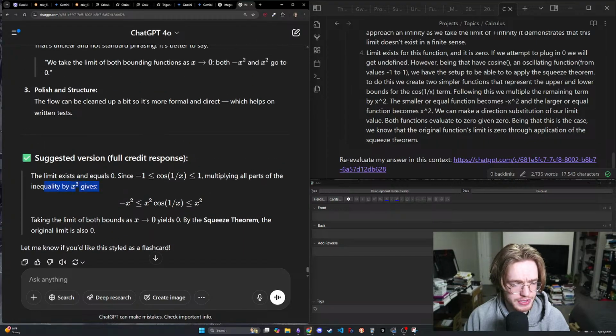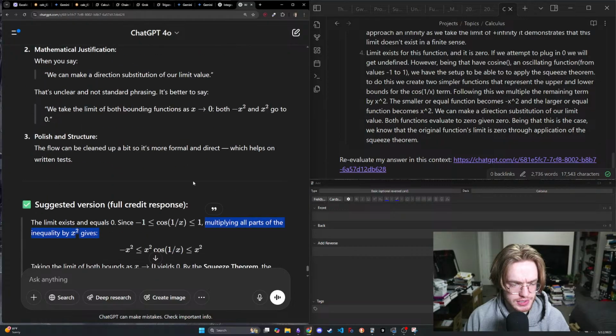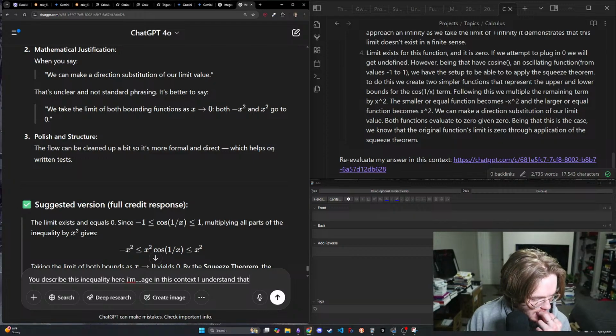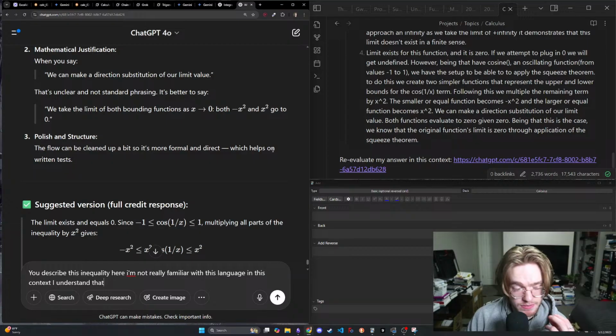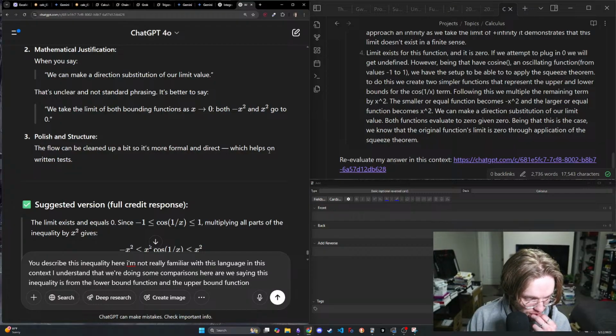I also need to know what is meant by this inequality here. I'm not really familiar with this language in this context. I understand that we're doing some comparisons here. Are we saying this inequality is from the lower bound function and the upper bound function, or what would it be?